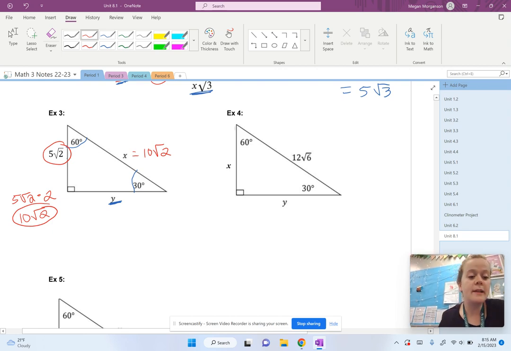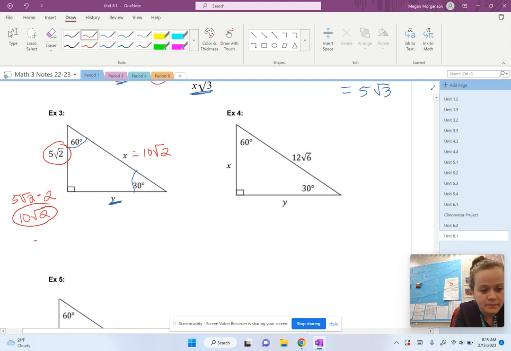Okay, then remember again that the long side, or this y, is the same as the short leg times root 3. So let's take our short leg, 5 times root 2, multiply root 3, and that should give us y.